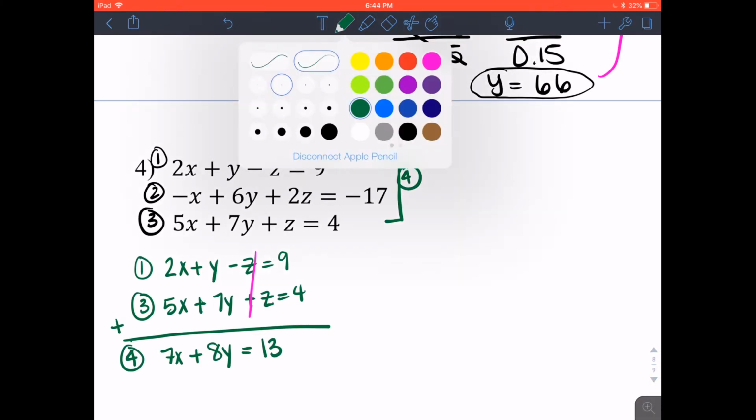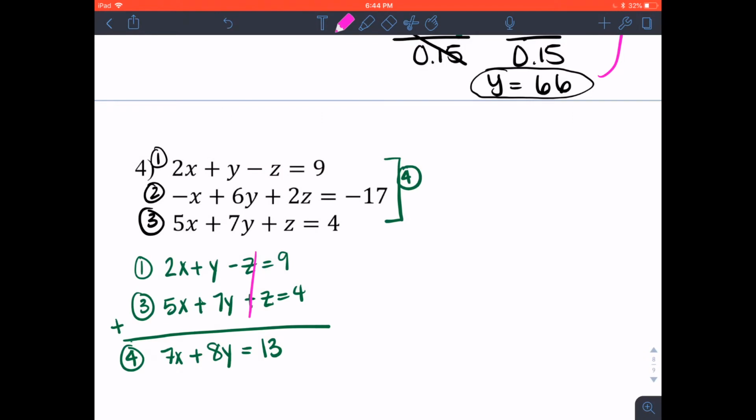And now I need to pair up another two equations. So remember that this time around you also have to cancel out z's. So I think in this case I want to choose equation 1 and 2 because they're opposite in signs already. So that's going to be equation 5 if I end up pairing them up.